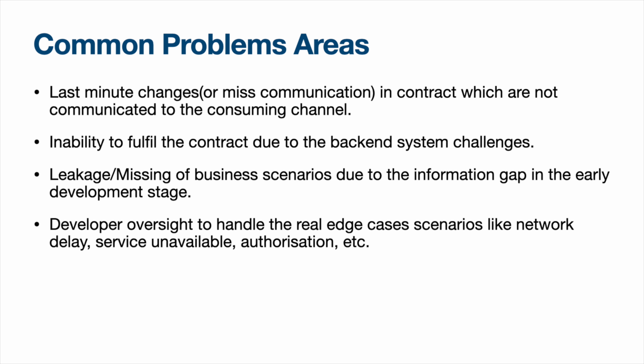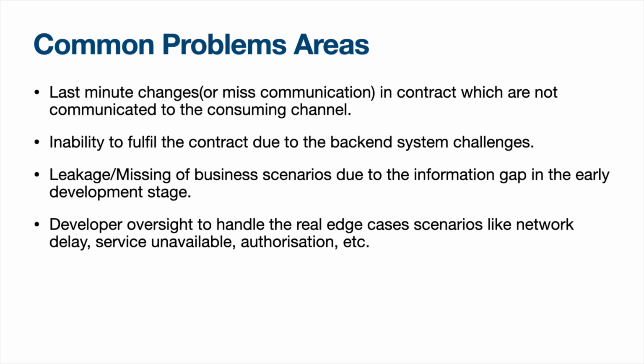Now let's look into the common problem areas that would happen in this setup. First, it will be last minute changes in the contract which are not communicated. It can cause serious breakage for the consuming application. Next is inability to fulfill the contract due to backend system challenges.